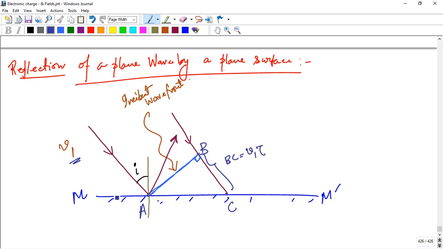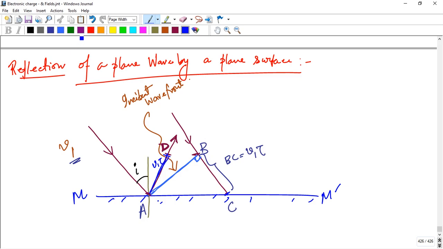Cutting the same length from A, I get AD, which is also v1 tau, because AD and BC are the same.